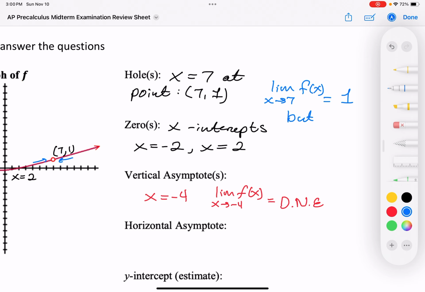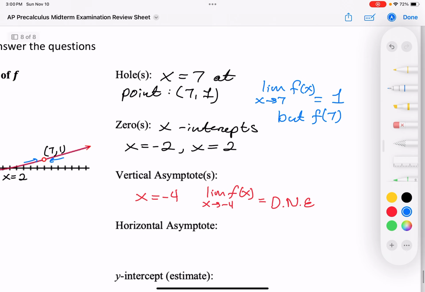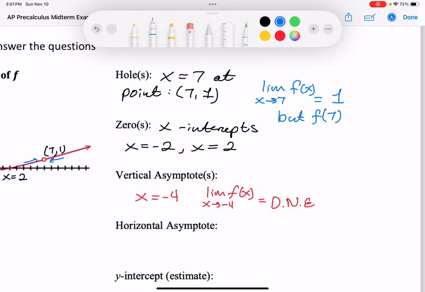But we know that f of 7 does not exist, because there's a hole at that coordinate. The hole is not there. The limit approaches the value of 1 as x gets closer to 7, but the function doesn't exist at that point.